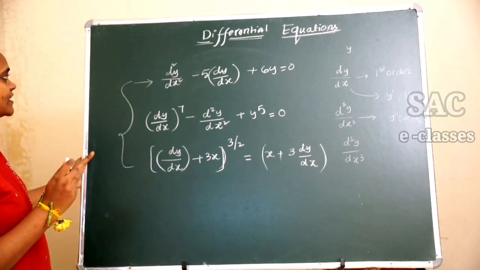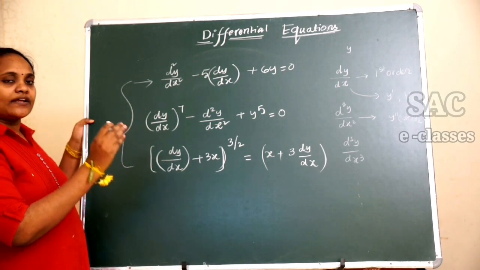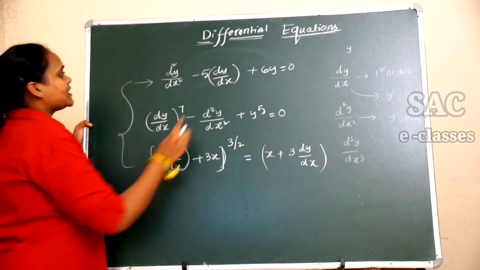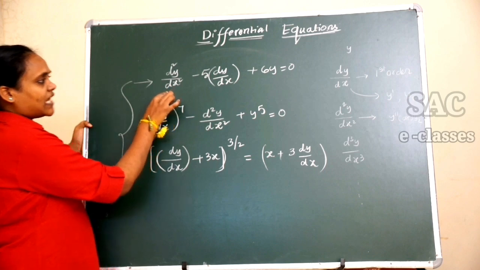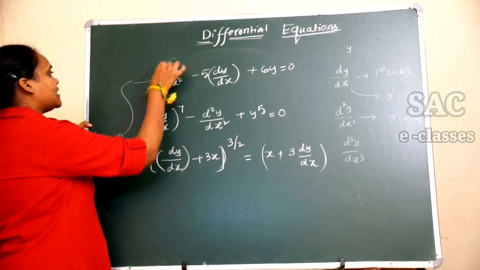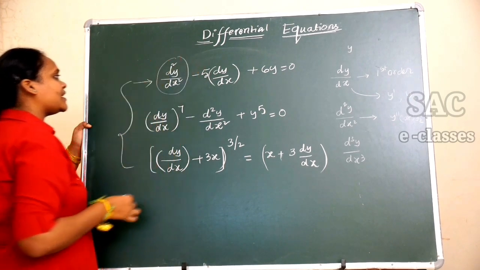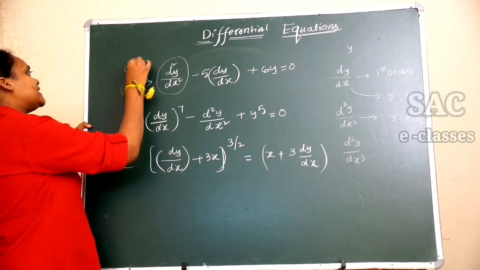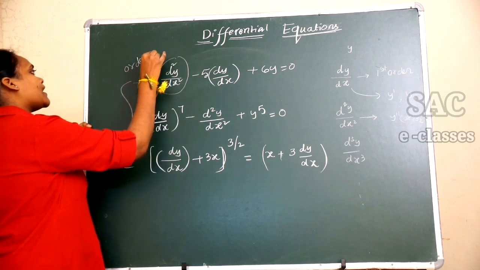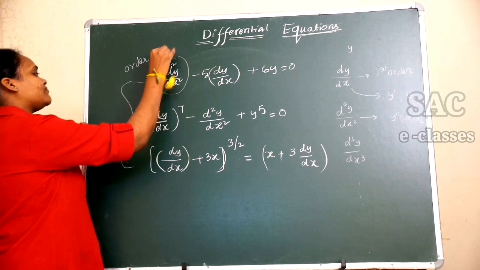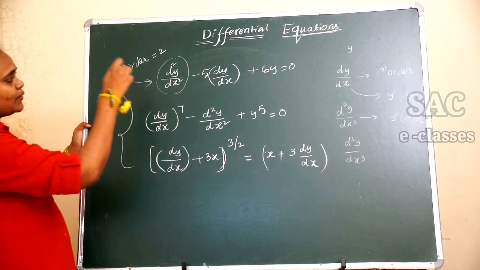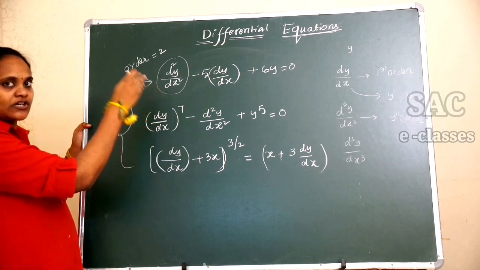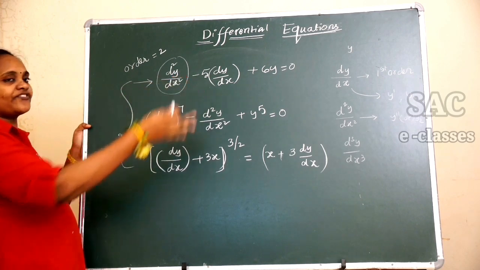We have to identify the highest order derivative. In this, dy by dx or d square y by dx square, which is the highest order one? Obviously d square y by dx square. So the order of the differential equation is 2. The order of the highest derivative in the differential equation is called the order of the differential equation.